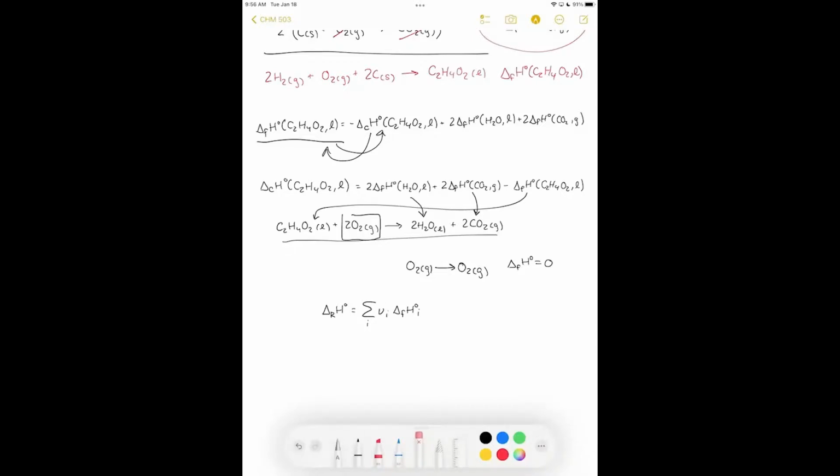It's positive for products and negative for reactants. So in the above example, nu H2O is equal to 2, nu CO2 is equal to 2, and nu acetic acid is equal to -1. And technically we have nu of O2, and that's also equal to -2, although since the delta H naught of formation of O2 is 0, we don't see that in the above reaction.